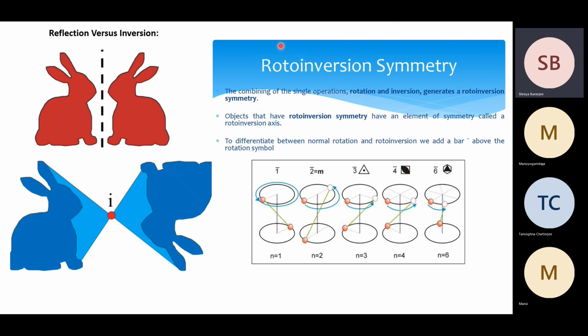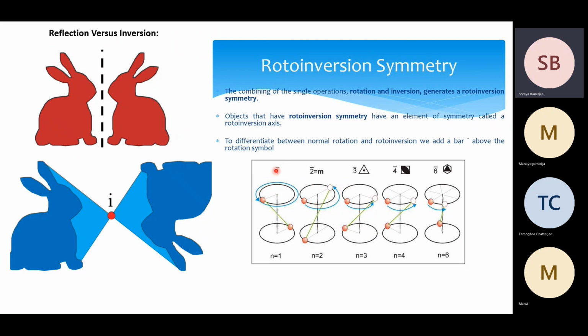Now, a combination of rotation and inversion is called roto-inversion symmetry. Objects that have roto-inversion symmetry have an element of symmetry called the roto-inversion axis. So here, if you see, you have a point. You are rotating the point.